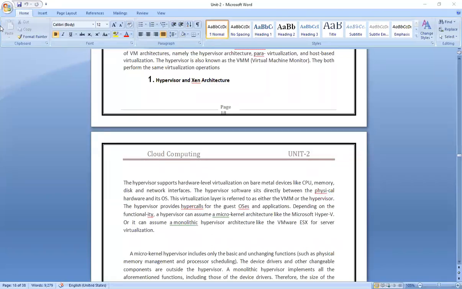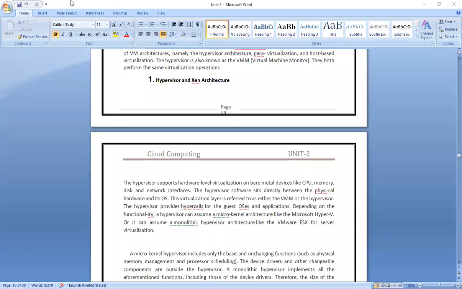आप लोग को बताया, there are two types of hypervisor. First one is type 1 hypervisor, also known as a bare metal hypervisor, and second one is type 2 hypervisor. So in type 1 hypervisor, we have already said that it is installed on the hardware.